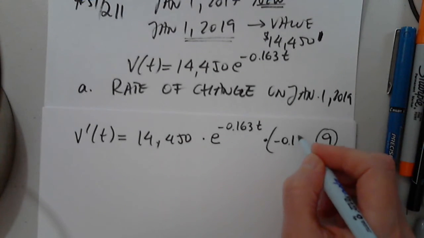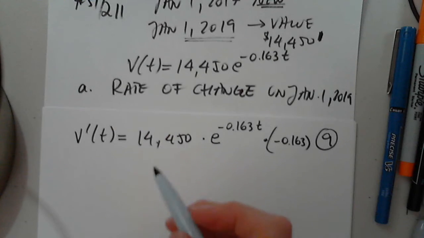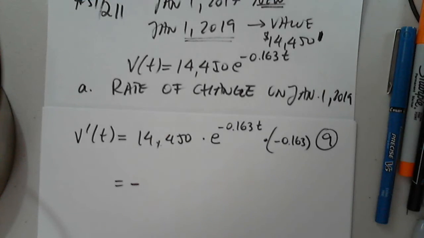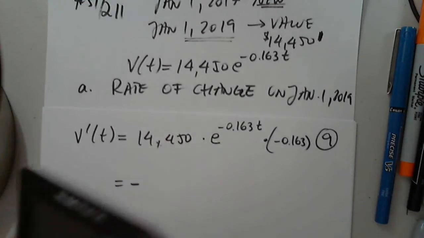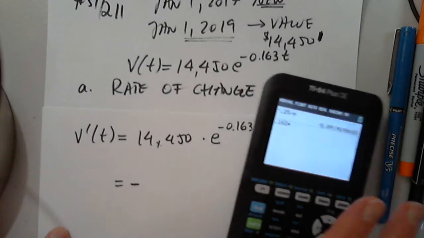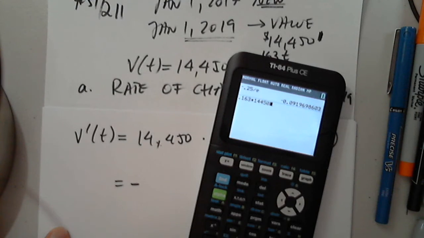So negative 0.163. Good. So I'm going to multiply these two numbers. Let's see. Maybe I should do it quickly here. So I have 0.163 multiplied by 14,450.